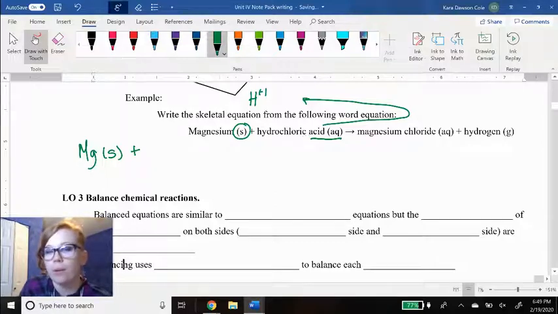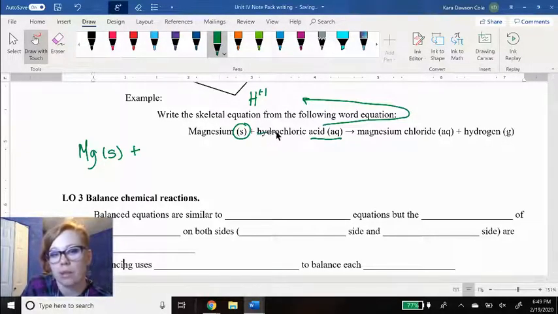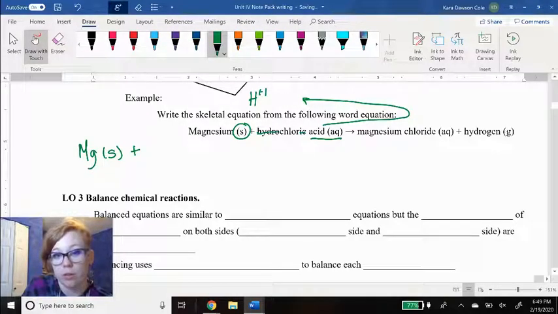Hydrochloric. So I know that the acid name is always based on the anion that I've been given. So hydro is a prefix. And if I have the hydro, then my ending is ide. So this is chloride. So the other way that I could write this is hydrogen chloride, right?